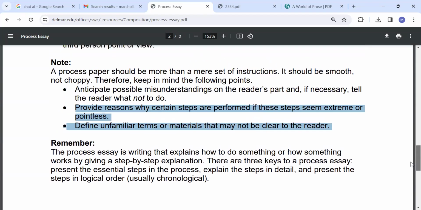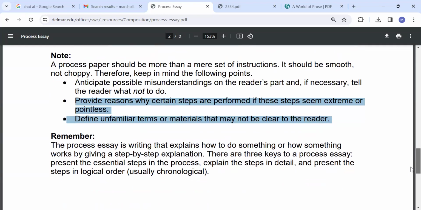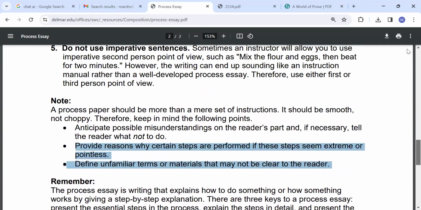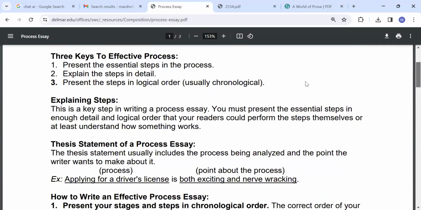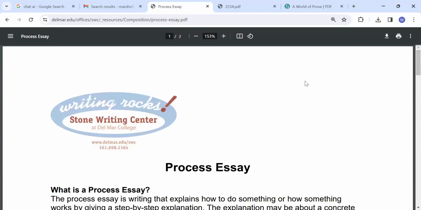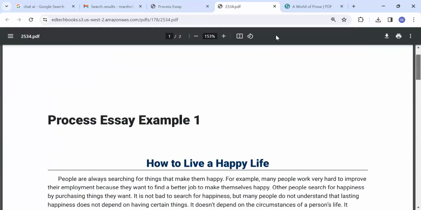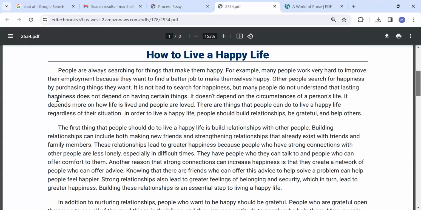Now, before we begin even our writing process of learning to plan how to write a process essay, I want to demonstrate to you what a process essay is. So, based on the topic, how to live a happy life.